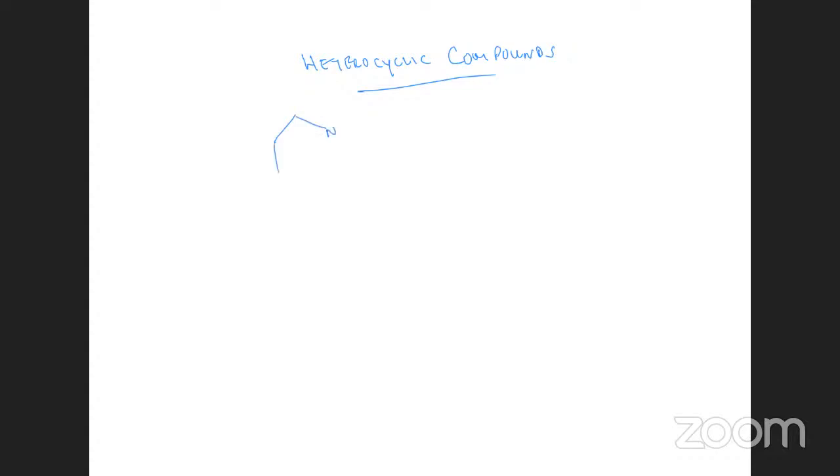This is a compound where a carbon is replaced by nitrogen. This is called pyridine. The reason is so that you know what it means by heterocyclic compounds. You might not deal with it depending on the level of study you do, but this is just for you to understand.